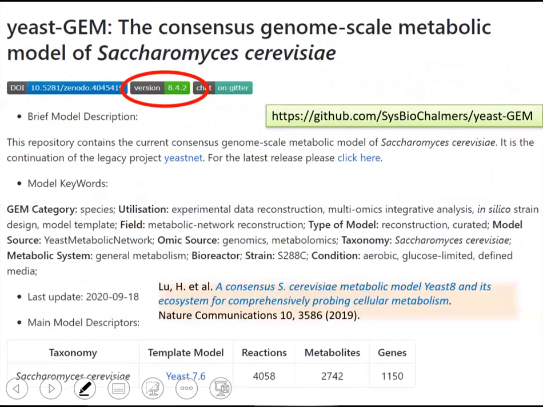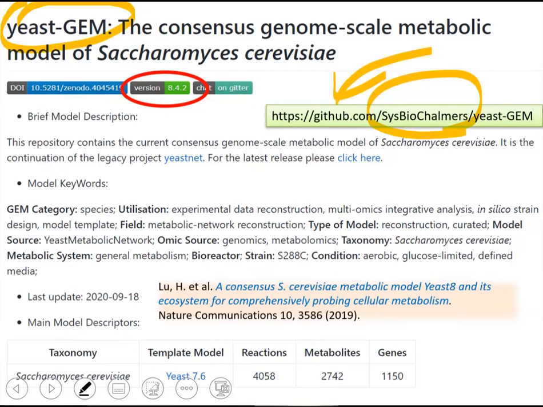Now the most updated, the most current version of the yeast genome scale metabolic network is maintained by the systems biology group at Chalmers, by Jens Nielsen's group, and you can use this GitHub page to access this version. It is referred to as Yeast-GEM, and the current version is 8.4.2, so version 8, and it includes about 1,100 genes and 4,000 reactions.